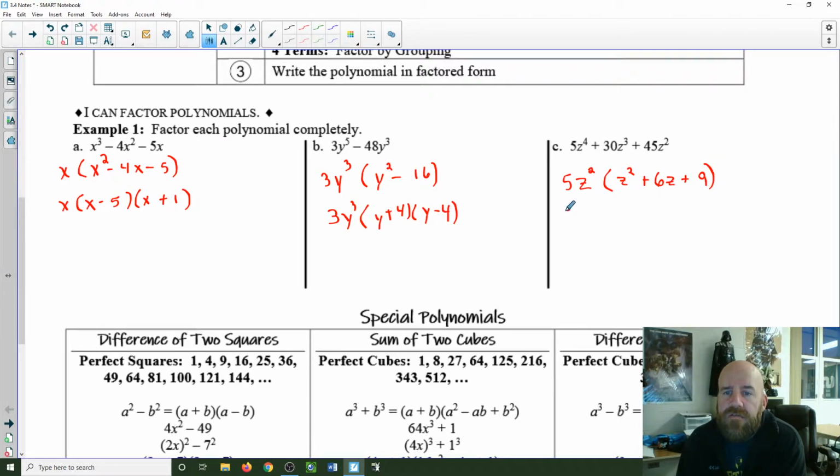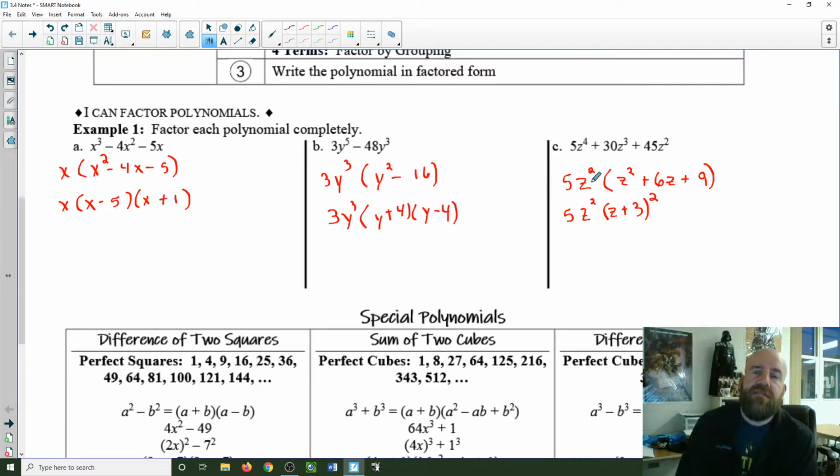Now we have factors of 9 that add up to 6, so 3 and 3. So we have z plus 3 times z plus 3, and I'm just going to write it as a quantity squared, just to save some time. And that should be it.